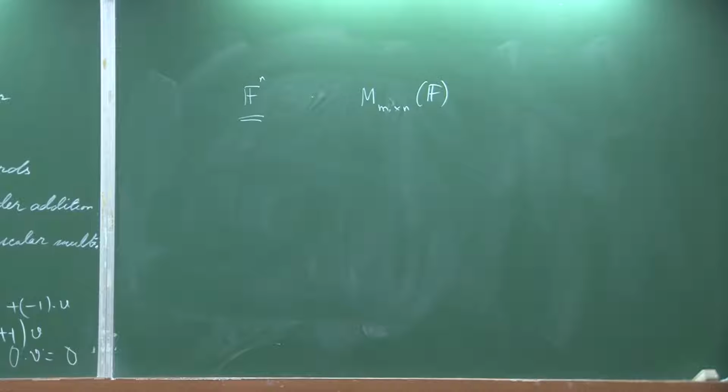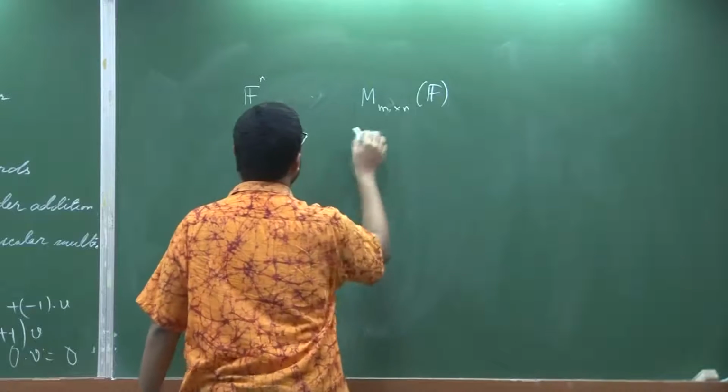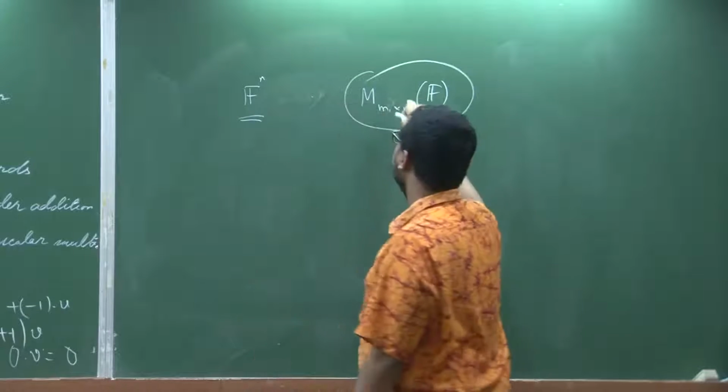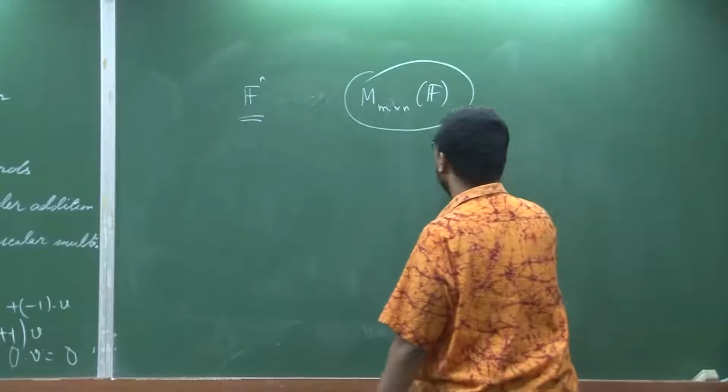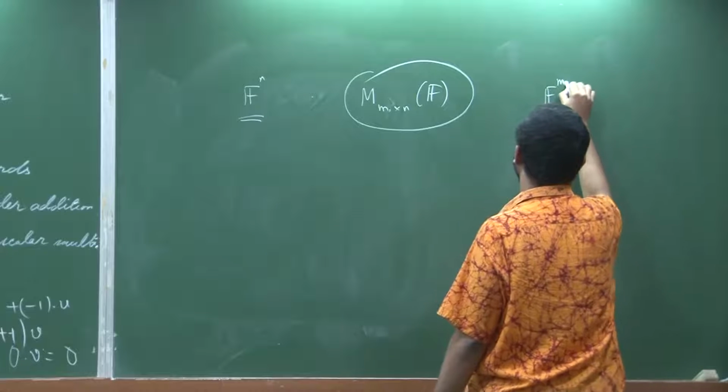What something is, I will tell you very soon, but let me remind you that we have already observed as well that this vector space also looks exactly similar to Fmn.